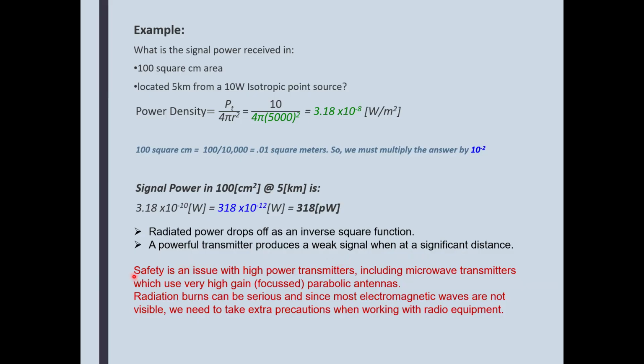And I put this in red: safety is an issue here with a high power transmitter, because you need a high power transmitter to transmit signals so they're usable at a certain distance, and you're talking kilometers, or sometimes hundreds of kilometers. So safety is an issue, because if you get too close to the transmitter, you're actually going to get hit with the energy.